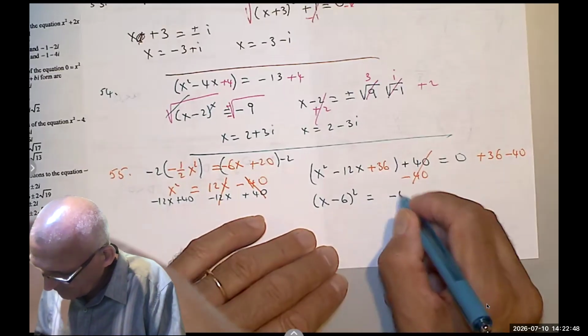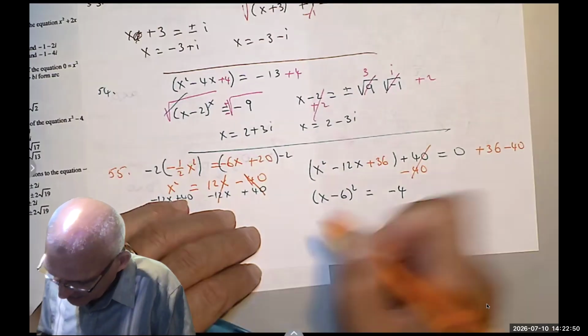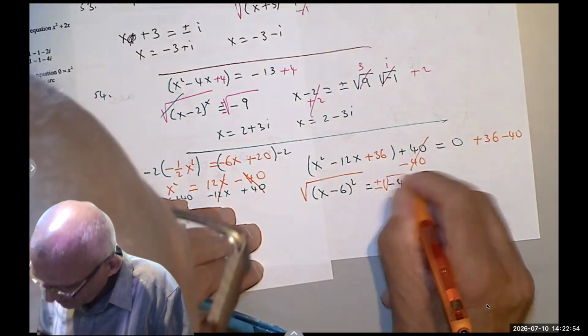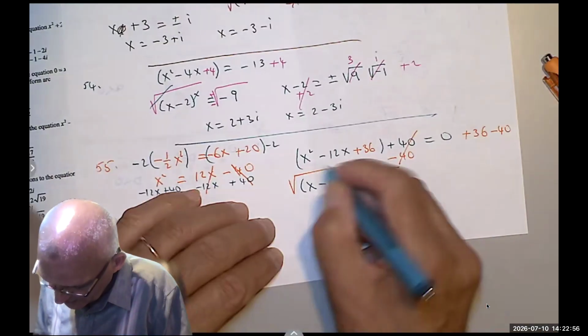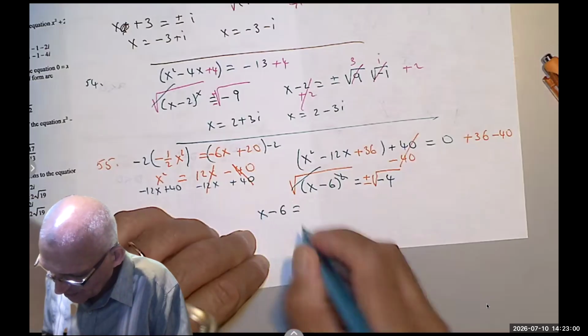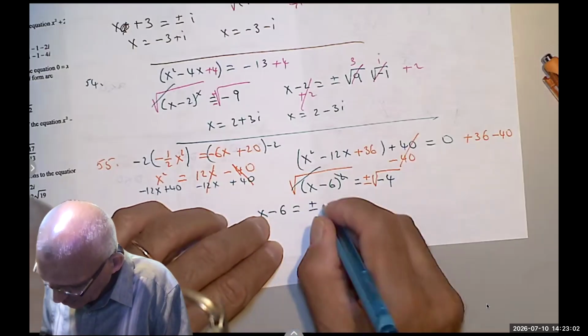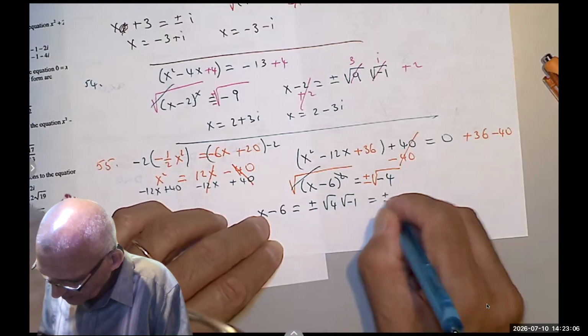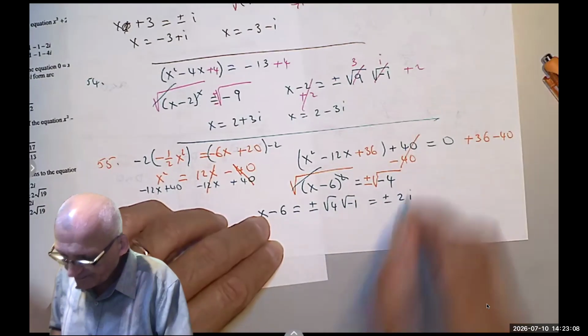I get negative 4. I will take the square root of both sides. Don't forget to say plus or minus. So this and that cancel each other, and I get x minus 6 equals plus or minus square root of 4 times square root of negative 1 equals plus or minus 2i.